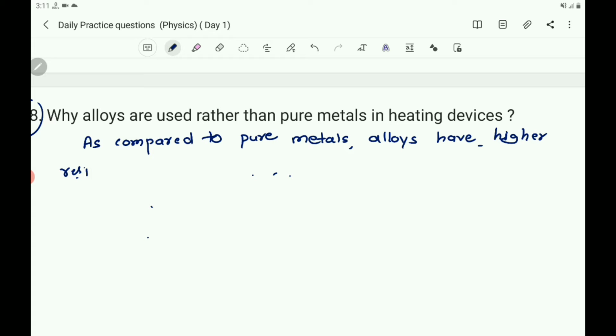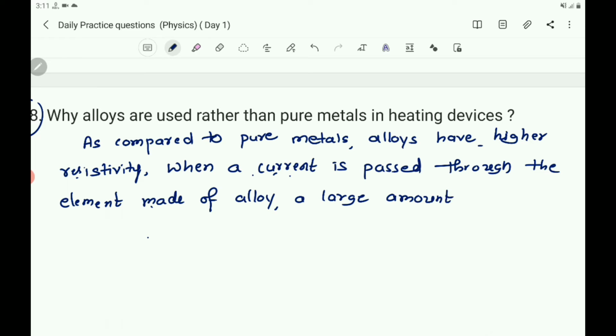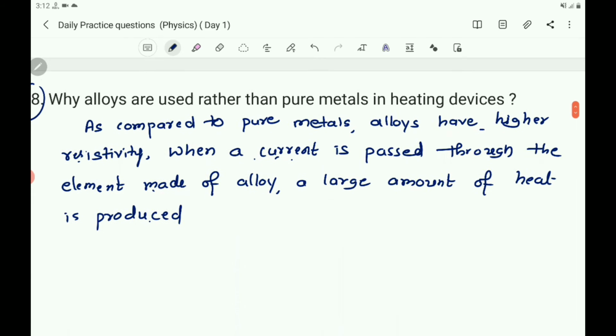When a current is passed through the element made of alloy, a large amount of heat is produced. Resistivity of an alloy almost does not change.